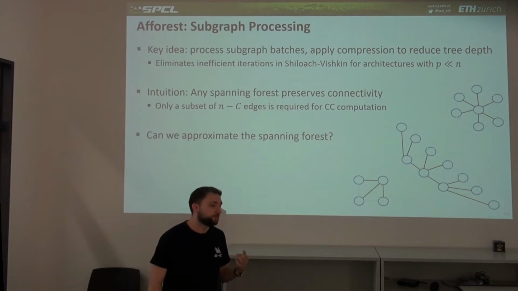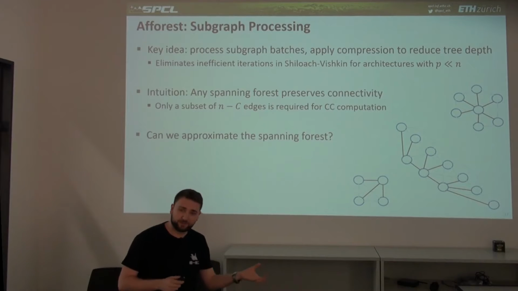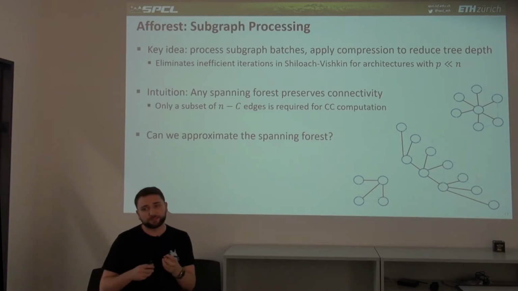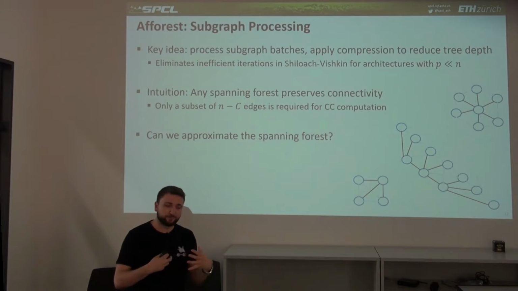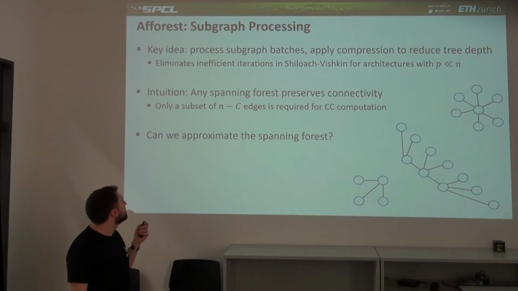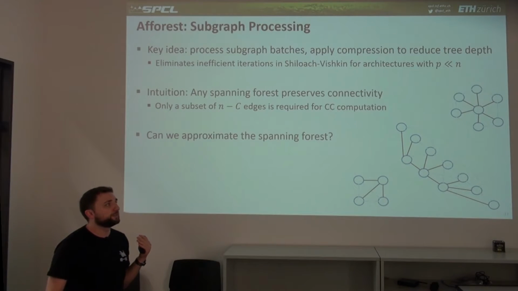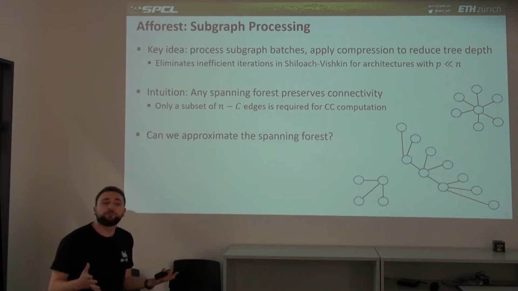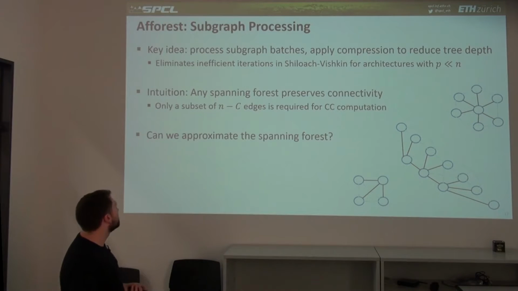So already, any subgraph batch would be better to run with the link procedure, then compress, then run another batch, because it would result in shorter or shallower trees. But now we ask ourselves whether there is a nice or an optimal subgraph batch that we would sample to obtain the convergence at the fastest rate.